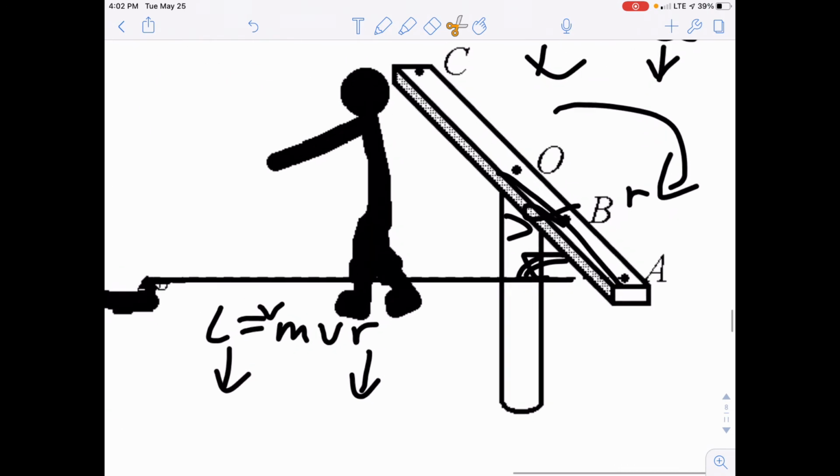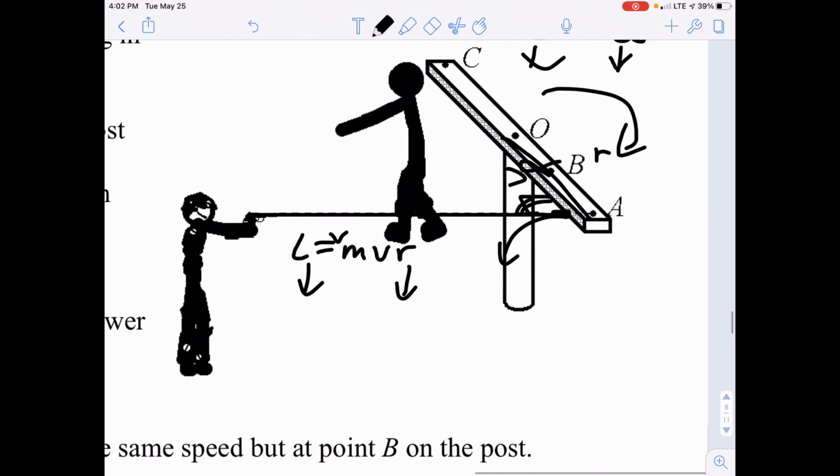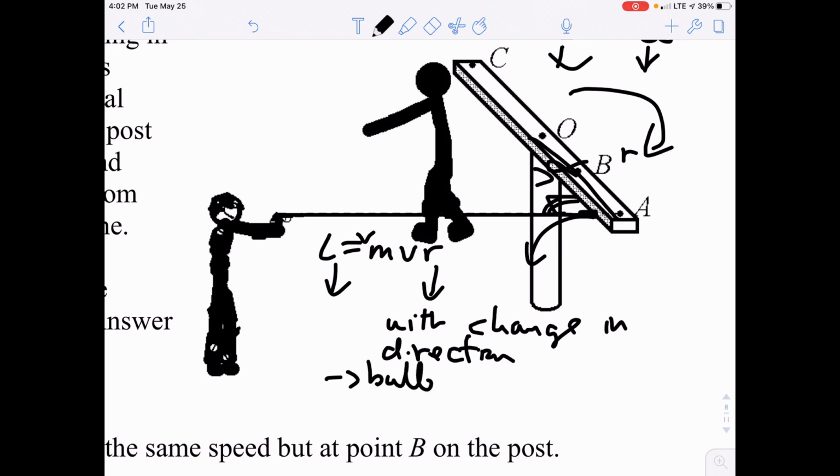So if a bullet were to strike, so it does not embed itself, instead strikes the beam and bounces backwards, that means with a change in direction, the bullet now has a greater change in momentum.